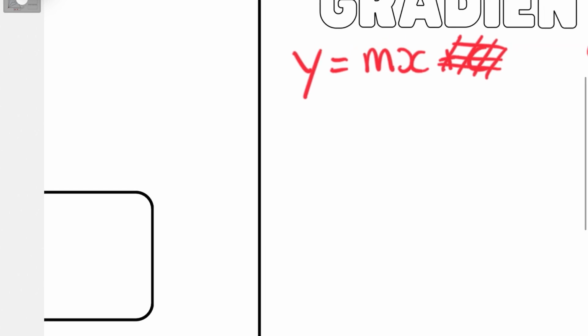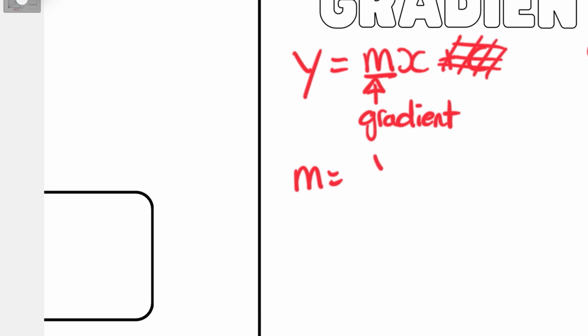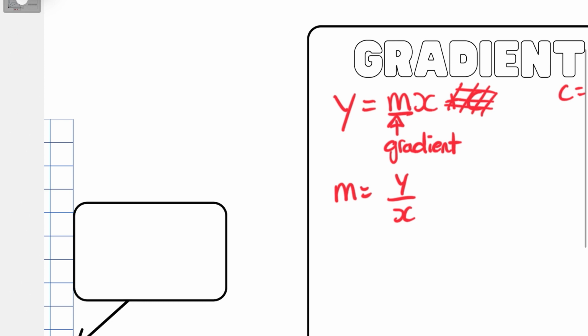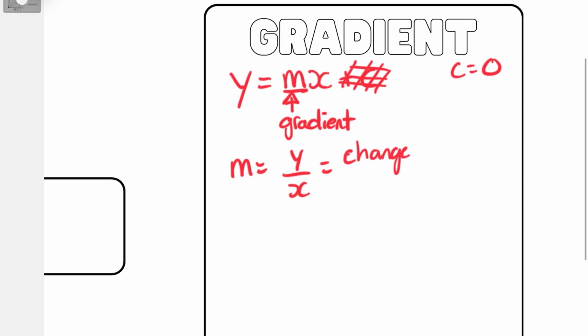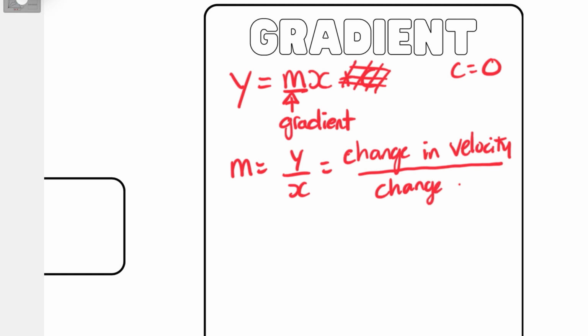So we want to find this m, this gradient. We end up with m equals y divided by x. And if we put our specific words in here on our velocity time graph, y is a change in velocity and x is a change in time.